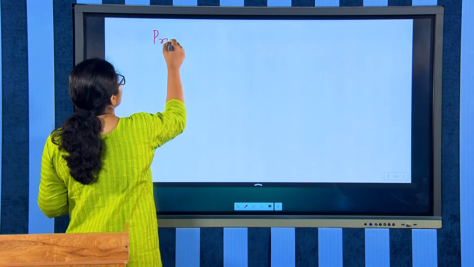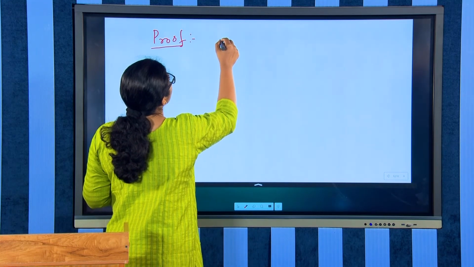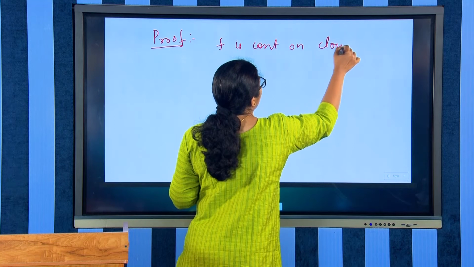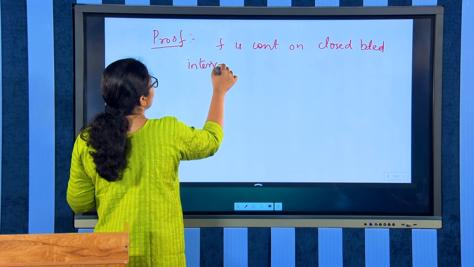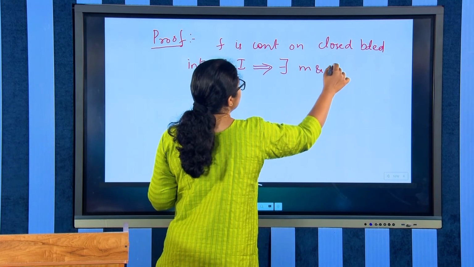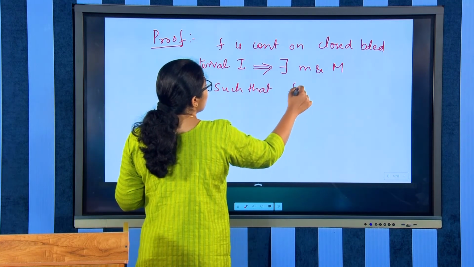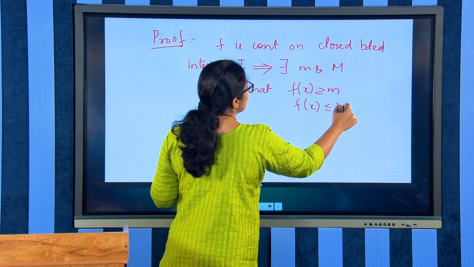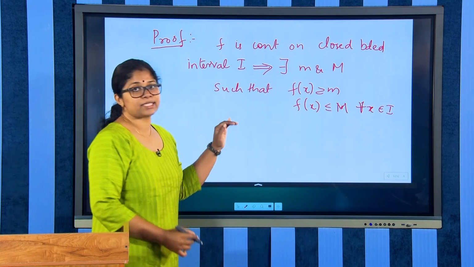The proof of the theorem is like this. Given f is continuous on the closed bounded interval I, there exist small m and capital M such that f of x is greater than or equal to m and f of x is less than or equal to capital M for every x belonging to I. It follows from the maximum minimum theorem.